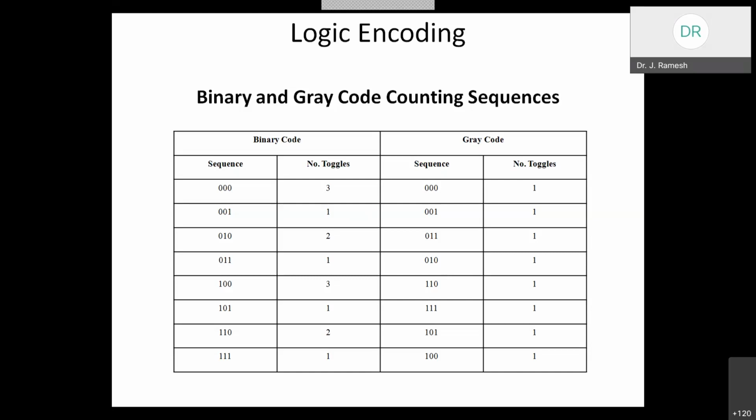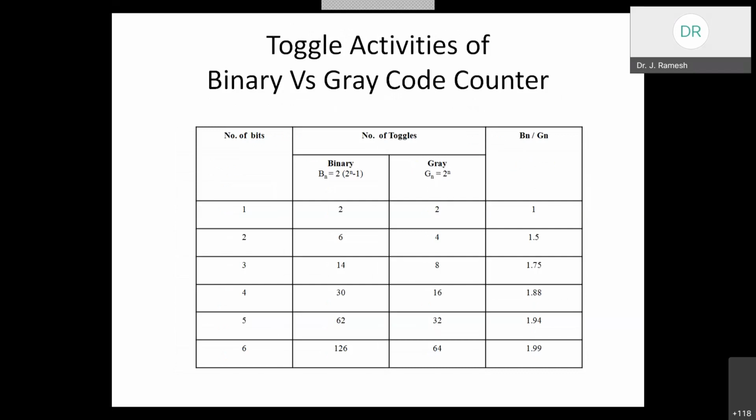The gray code is the unit distance code that is known to us, and there the number of toggles is 1. If you calculate the total switching activity, it will be more in the case of binary code, and less in the case of gray code. That is for a 3-bit sequence.